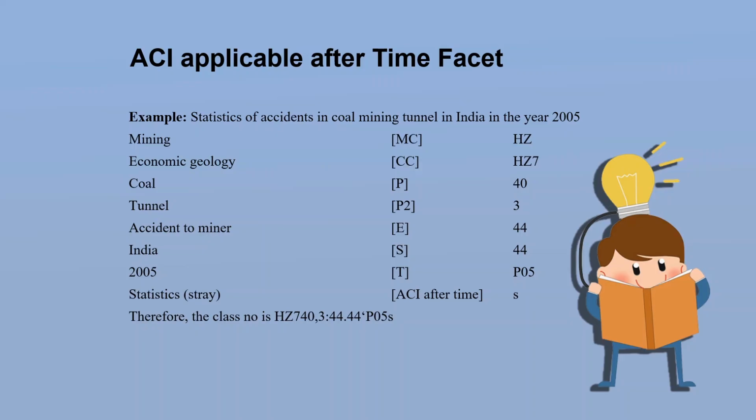HZ as a canonical class; for economic geology it is HZ7, as given in the schedule, and then coal is 40 in the P facet, so HZ740, then P2 3, and then colon 44, the accident to miner, and then comes India, notation is 44.44, then single inverted comma P05 denoting the year 2005.